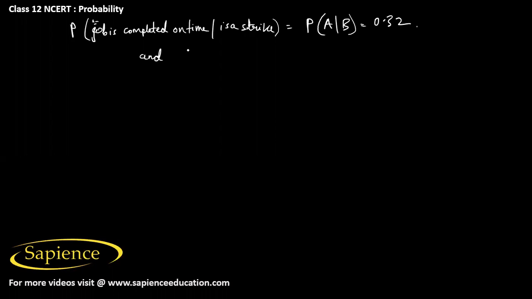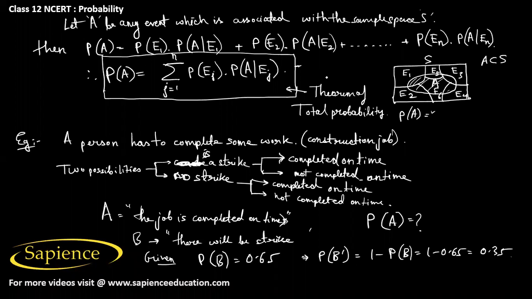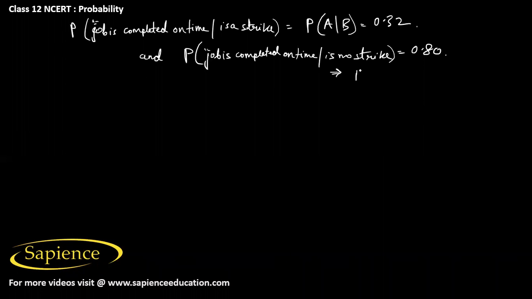And it is also given that the probability that the job is completed on time given that there is no strike, that is, the probability of A given that B has not happened, is 0.80.